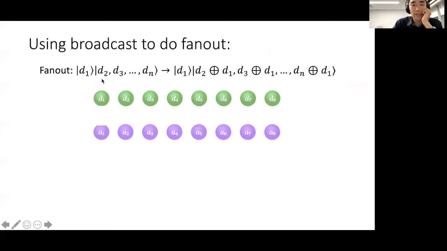The way you can see this is that if you want to implement the fan out from data qubit 1 to data qubits 2 through n, they might not necessarily be in the all zeros state, so you will need to use some ancilla qubits. First you initialize the ancilla qubits in all zeros, and then you implement a control knot from the first data qubit to the first ancilla qubit.